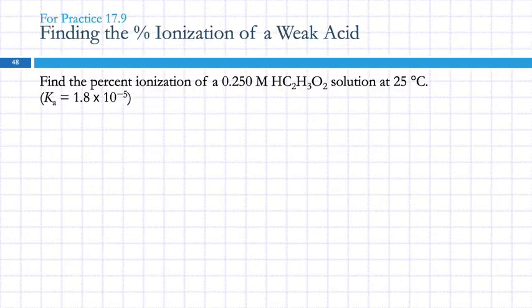Find the percent ionization of a 0.25 molar acetic acid solution at 25 degrees Celsius. Ka equals 1.8 times 10 to the minus 5.